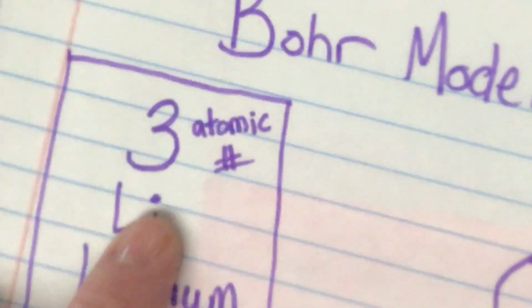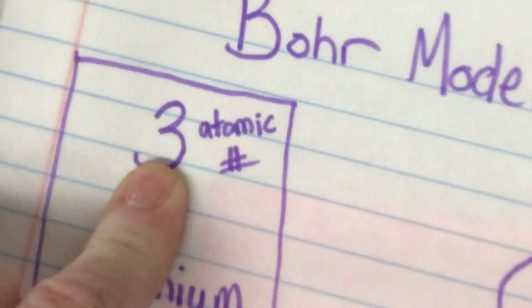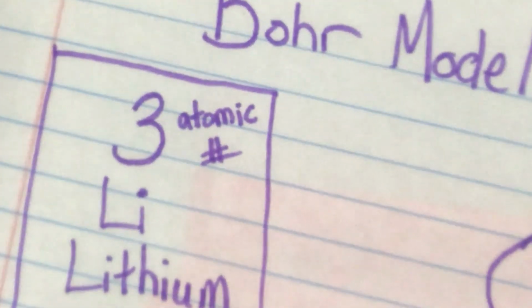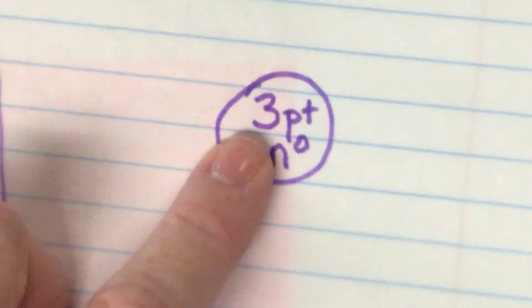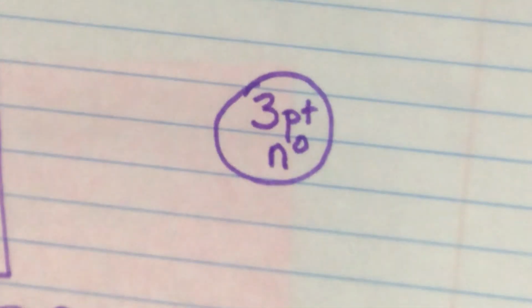All right, we said that the atomic number is 3. That determines the identity of the atom and how many protons there are. So we're gonna put 3 protons. Protons are positive, okay? Now we have 3 positives.